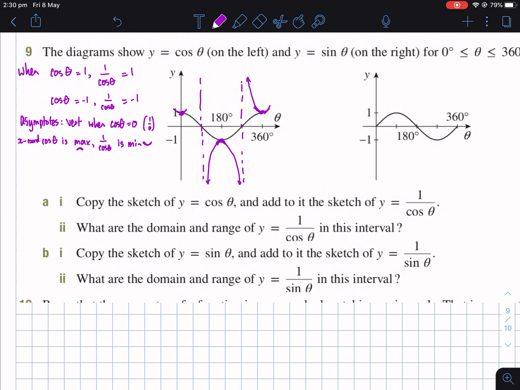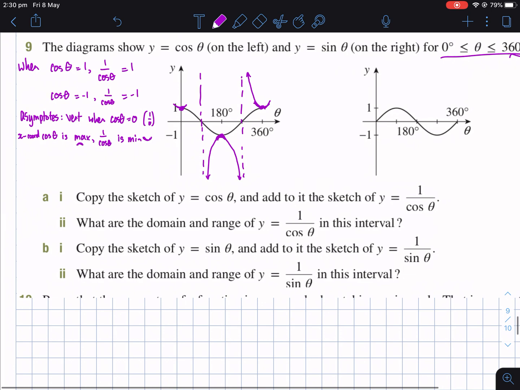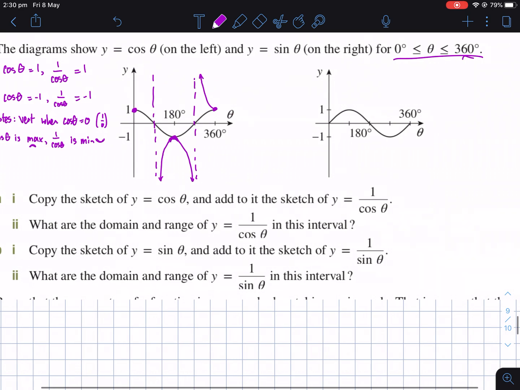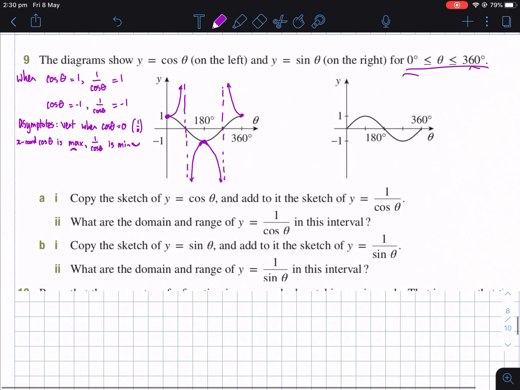And this one would be the same, but we've only been asked to do it to 360, so we don't bother doing any more on this side. And same here, we've only been asked to start at 0, so we don't bother doing any more on this side, but this one would go up that way. So that's what 1 on cos theta looks like.